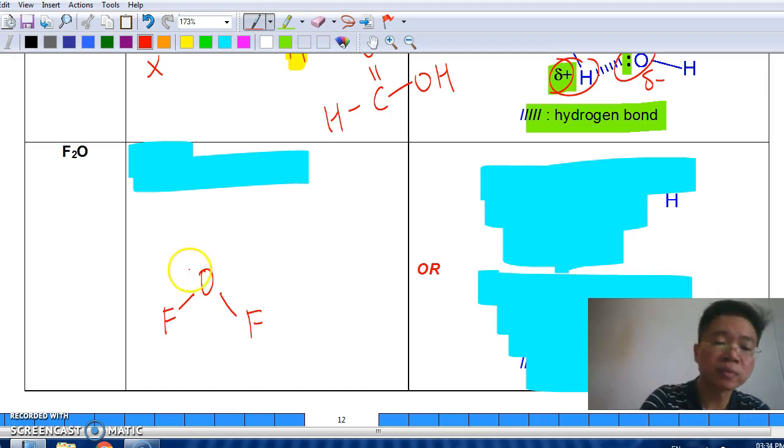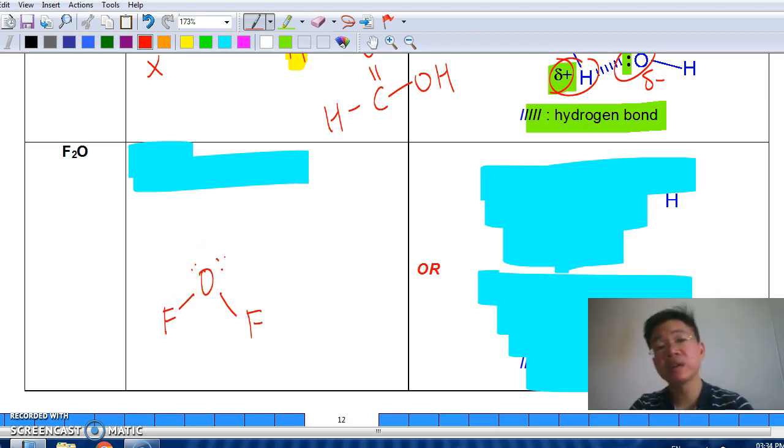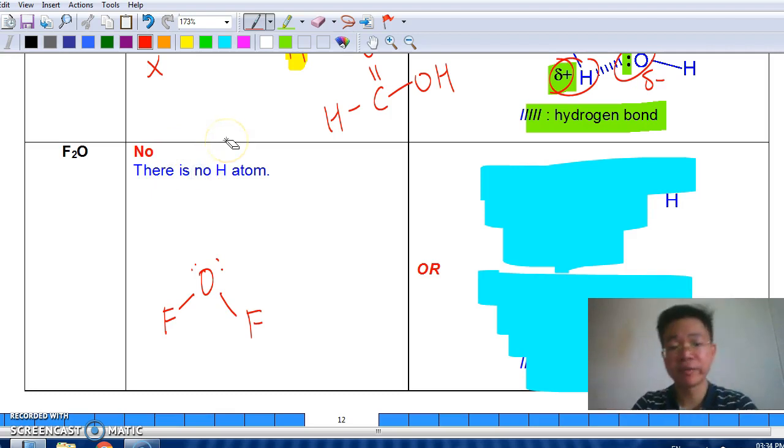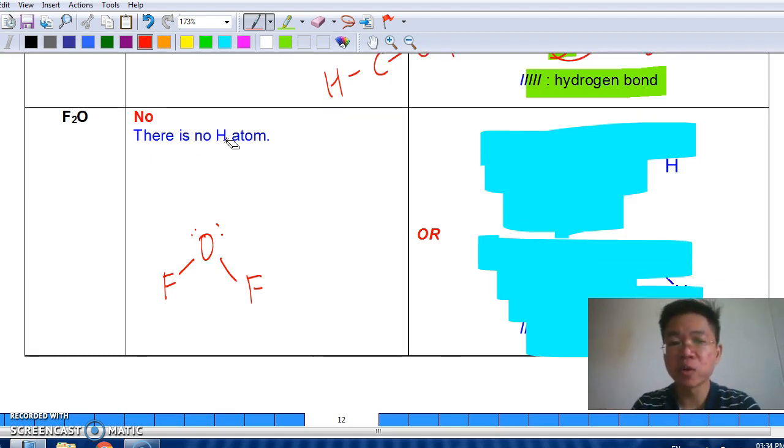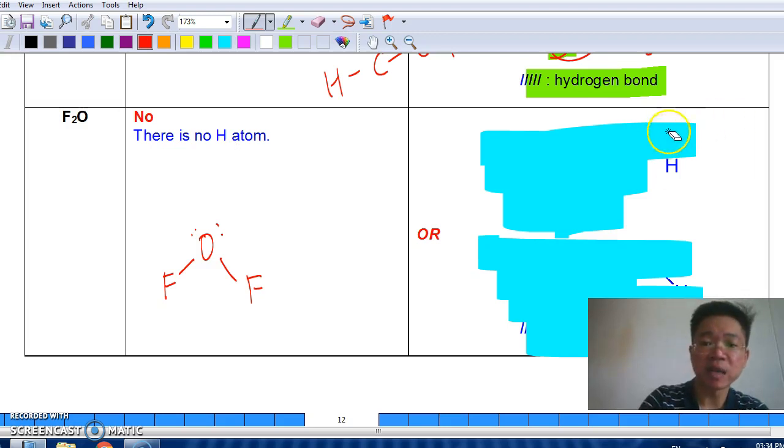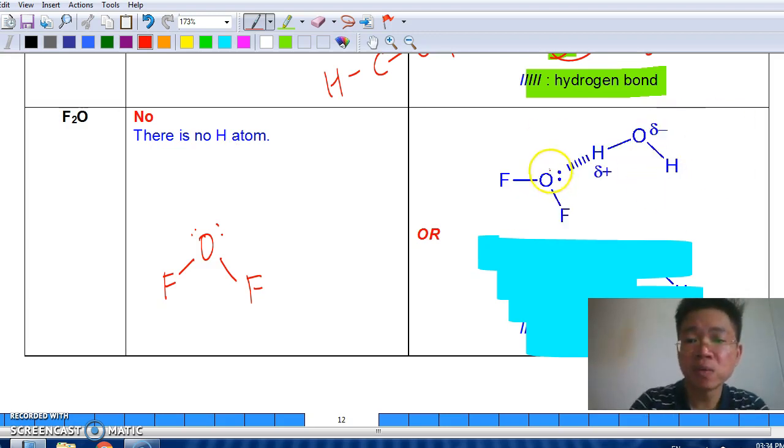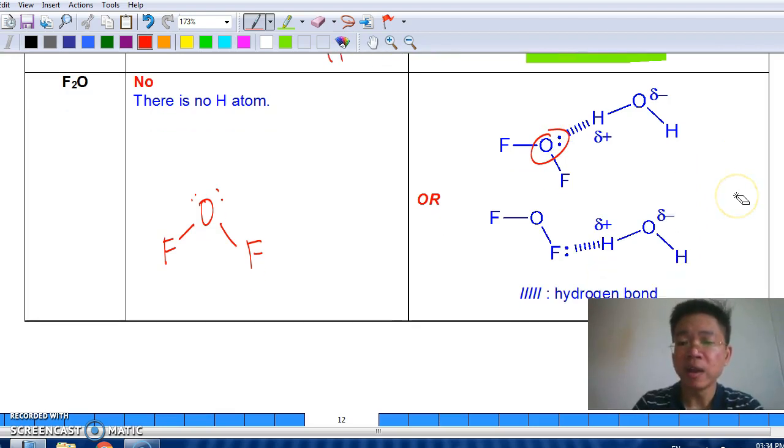Okay, F2O, can it form hydrogen bonding between the F2O molecules? The answer is no, because it doesn't even have H at all, right? Can you form hydrogen bond with water? And the answer is yes, because either the O or the F can form hydrogen bond with the H from water.